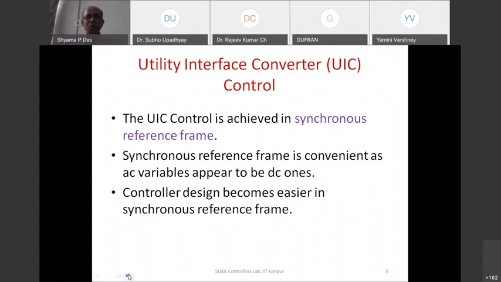Instead of controlling AC variables in the real ABC phase variables, if we convert them into a synchronous reference frame, we will be dealing with DC variables, and DC variables are easy to control compared to AC variables. So the controller design becomes easier in the synchronous reference frame. Next slide.